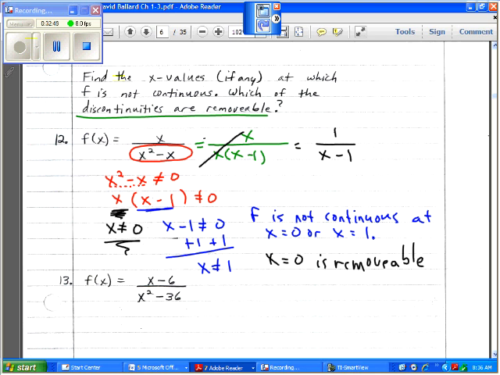Any questions on number 12? So we identified the discontinuities and determined which of those discontinuities were removable. If we have a removable discontinuity, what good is it for us to know that so far?